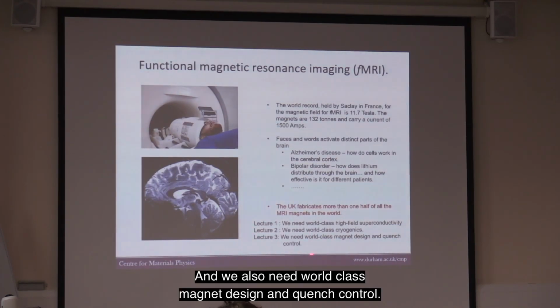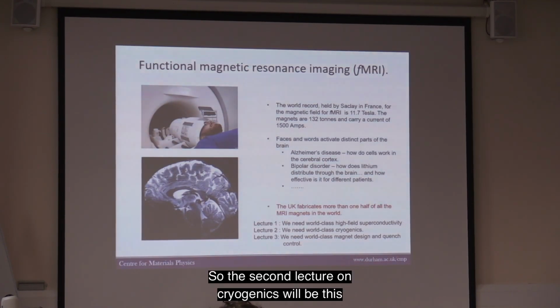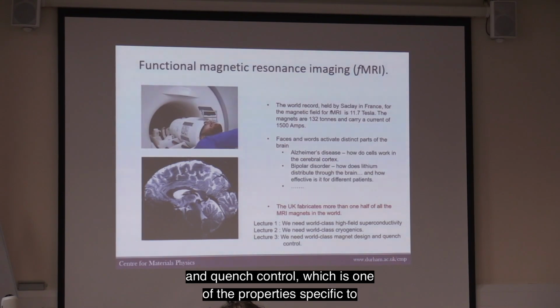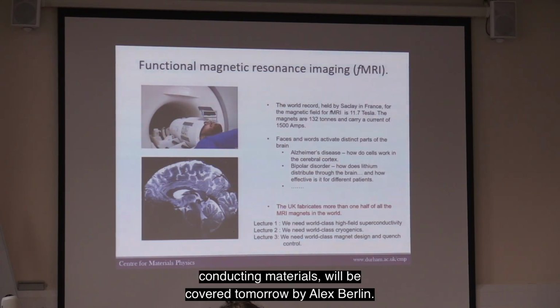And we also need world-class magnet design and quench control. So the second lecture on cryogenics will be this afternoon with Charles Munro, and the lecture on magnet design and quench control, which is one of the properties specific to superconducting materials, will be covered tomorrow by Alex Blair.